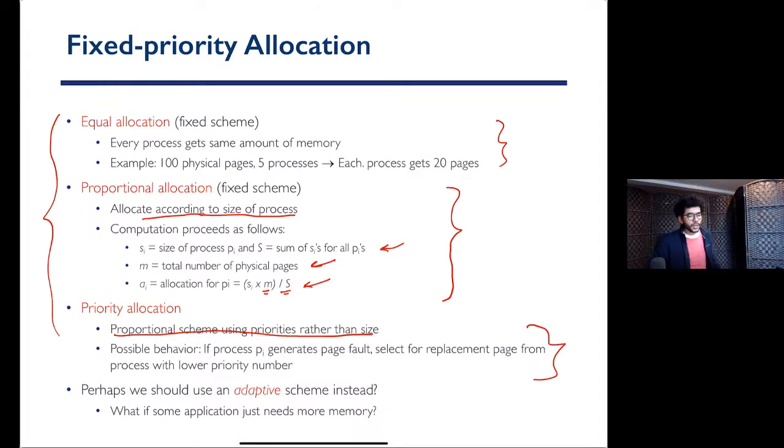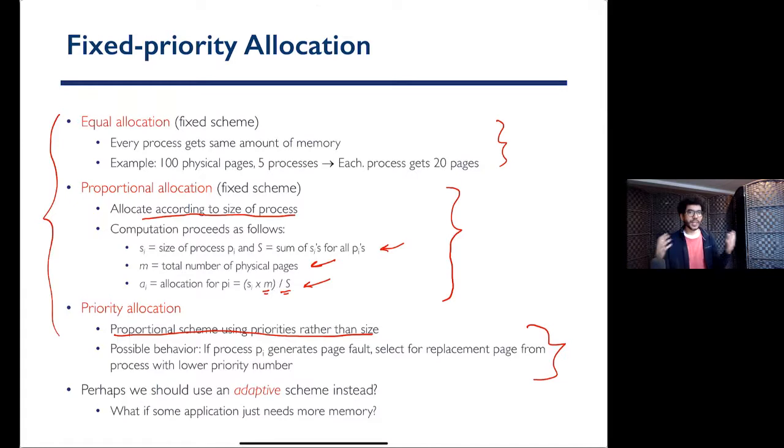Now, the problem with this is that applications and processes go through phases, right? So your application might be in a phase where it needs a lot of memory, and then it goes and does some computation. So in another phase, it might not need much memory. And then it's done with that phase, it goes to another phase of memory.